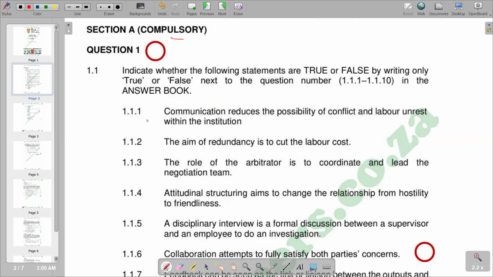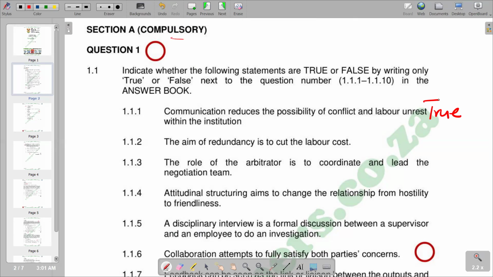So our first question reads, communication reduces the possibility of conflict and labor unrest within the institution. So we are going to see that the statement that we have there is true. So we can indicate true. Remember, the importance of communication is that it helps to build relationships by allowing us to share experiences and needs, and also to help connect others.